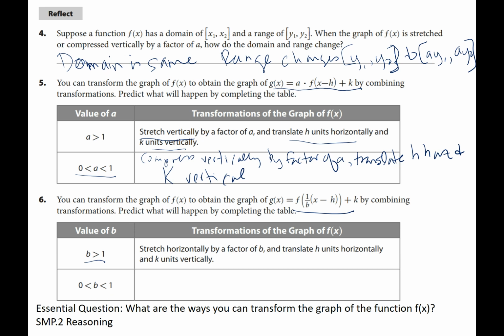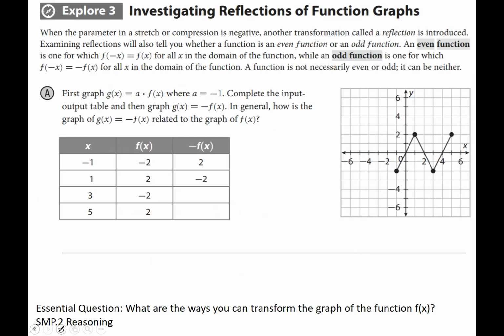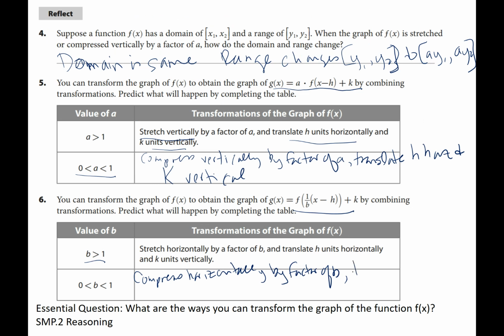When b is between 0 and 1, we know it's a horizontal compression, so compress horizontally by a factor of b. Translate h horizontally and k vertically.